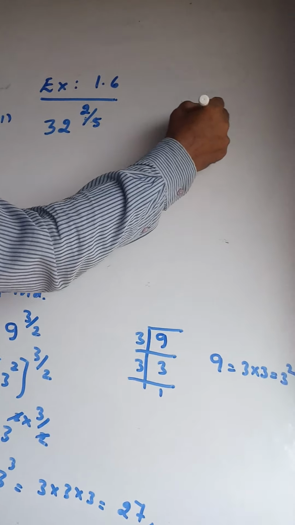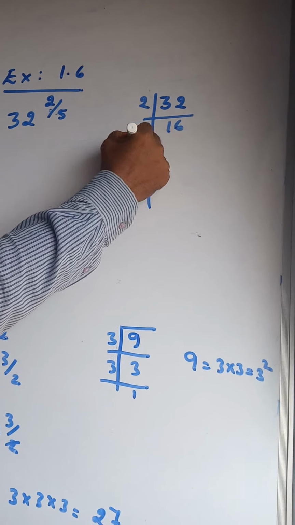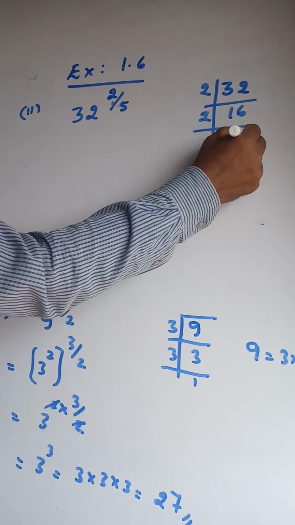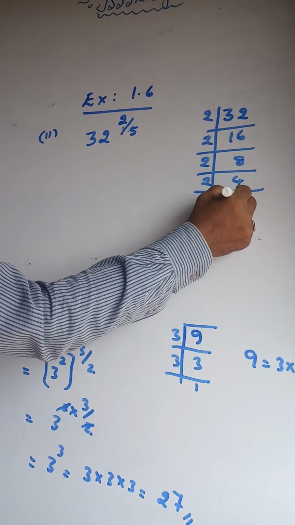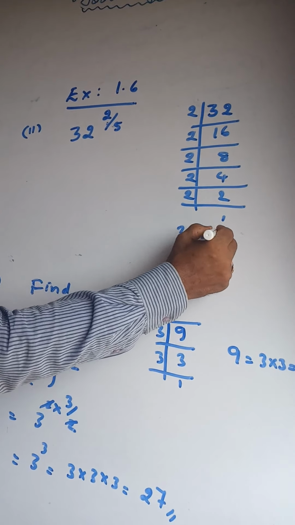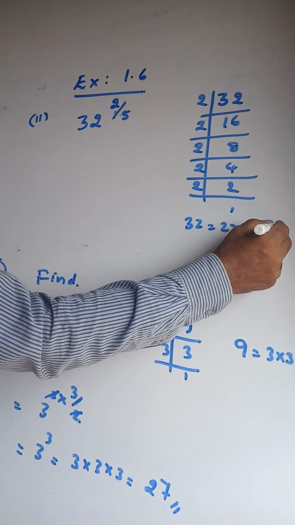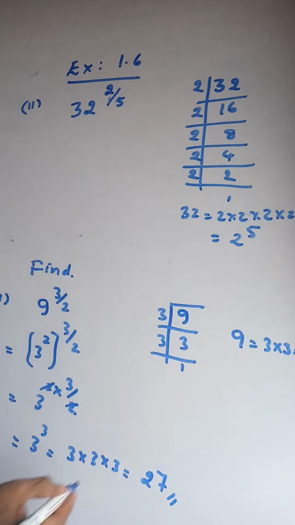Again we take the factors of 32. It is 2 16s are, 2 8s are, 2 4s are, 2 2s are, and 2 1s are. That means 32 can be written as 2 into 2 into 2 into 2 into 2. That is 2 raised to the power 5.